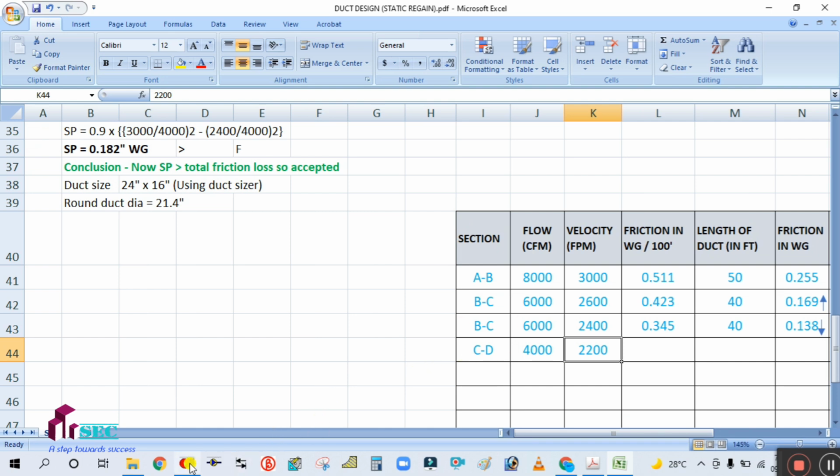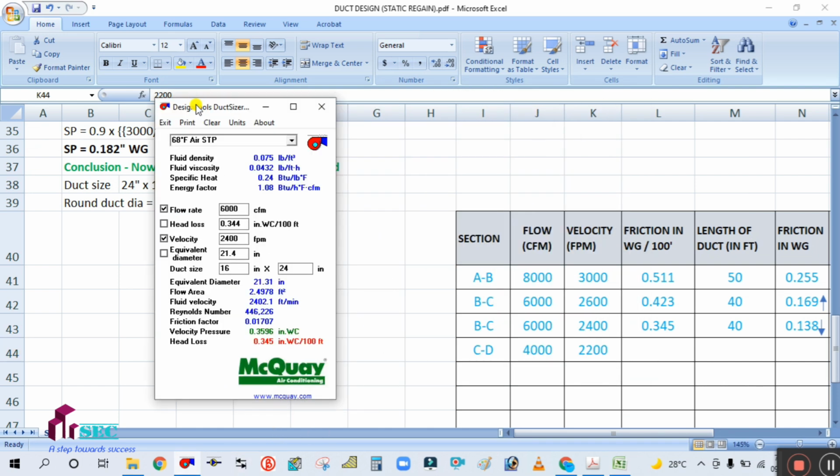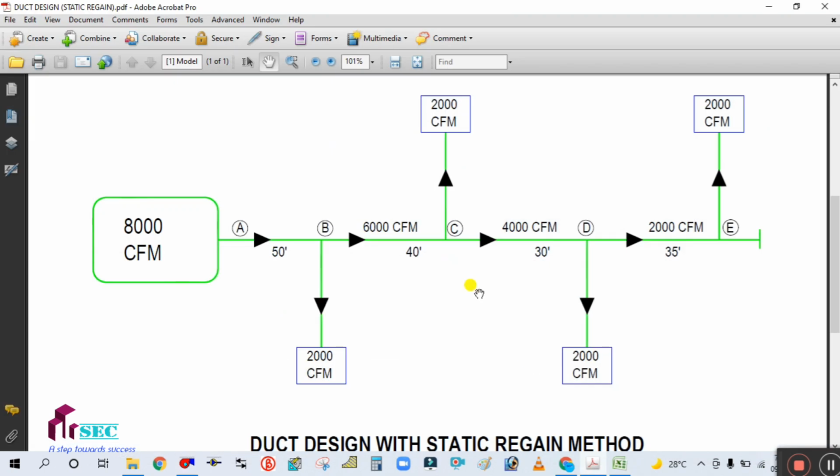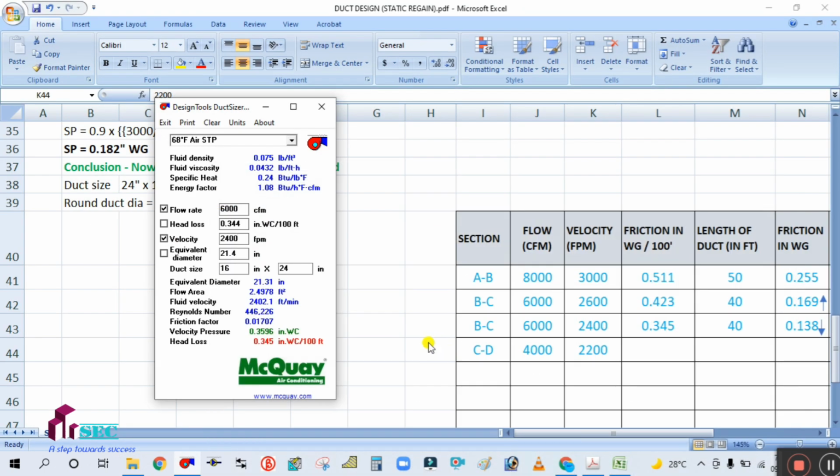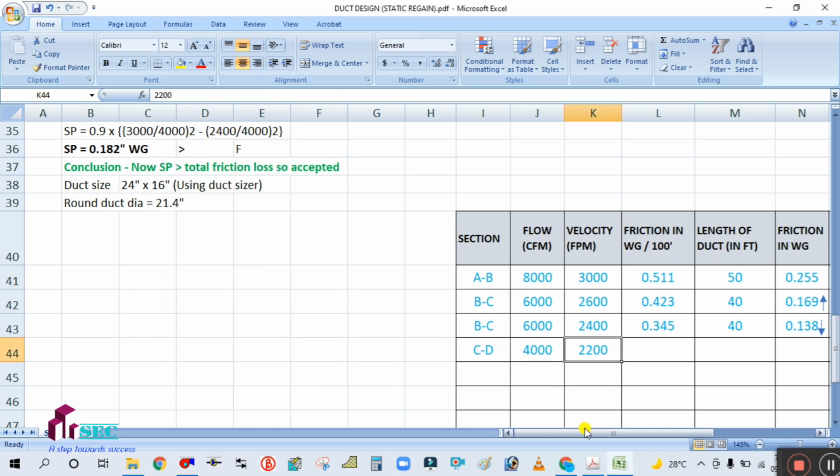Put these two values in the duct sizer. For the C to D section, the flow is 4000 and the velocity we are assuming is 2200. So we are getting a 16 inch by 18 inch duct size.